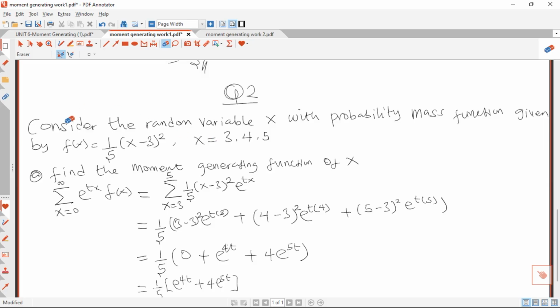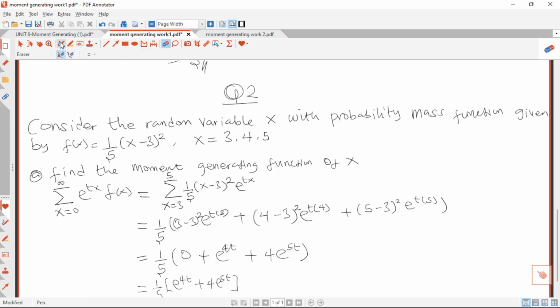Okay, so here, consider the random variable x with a probability mass function given by 1 over 5 (x minus 3) raised to the power 2, where x is equal to 3, 4, and 5. We have been asked to find the moment generating function of x.